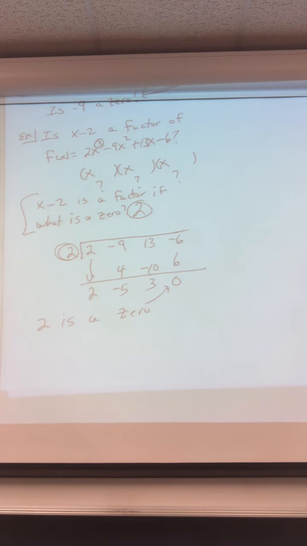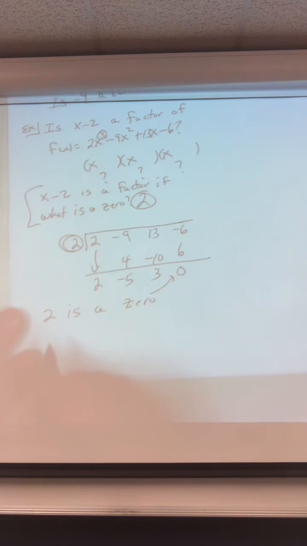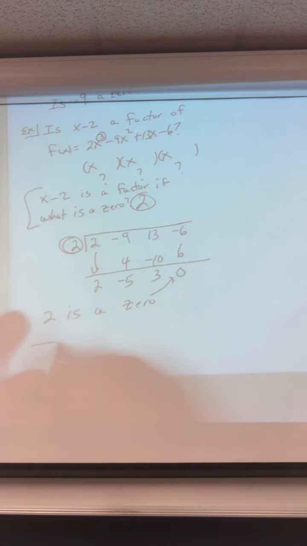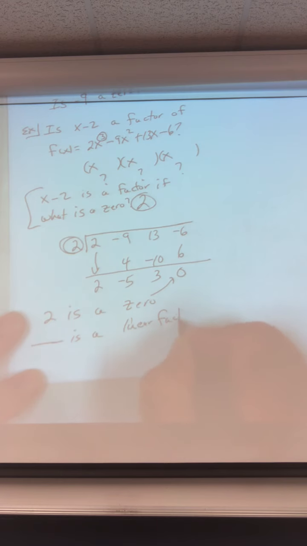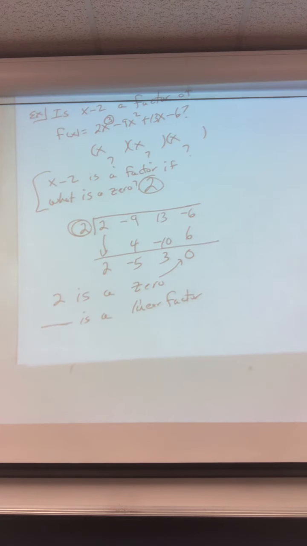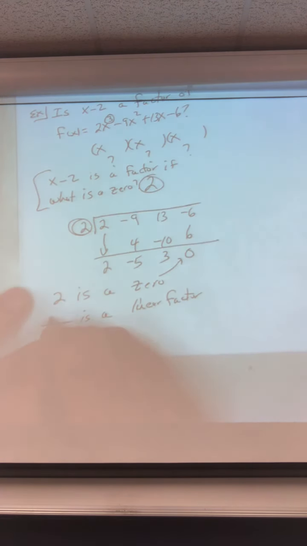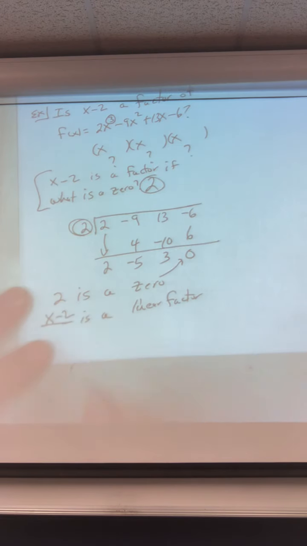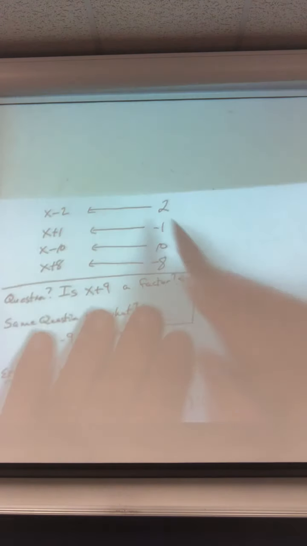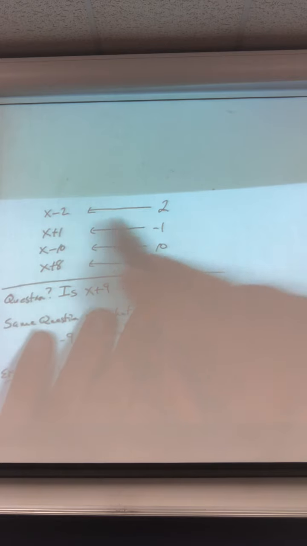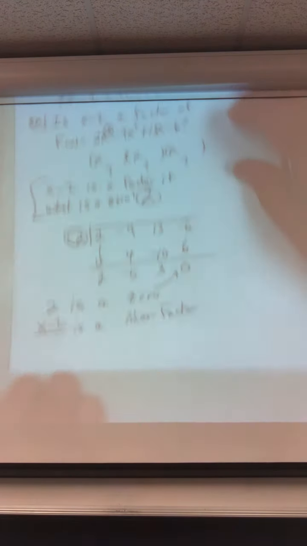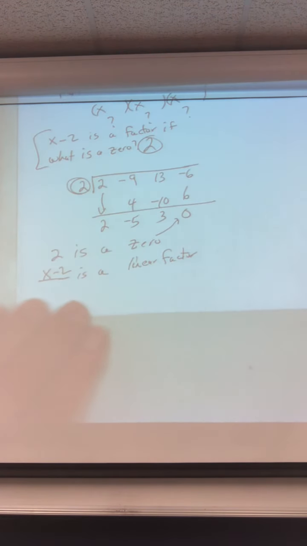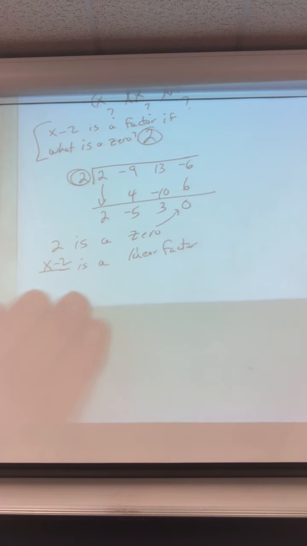Now, what else does that mean then? If 2 is a 0, what would be one of the linear factors? X minus 2. Remember we did this up here a while ago? If 2 is a 0, x minus 2 is one of the linear factors.